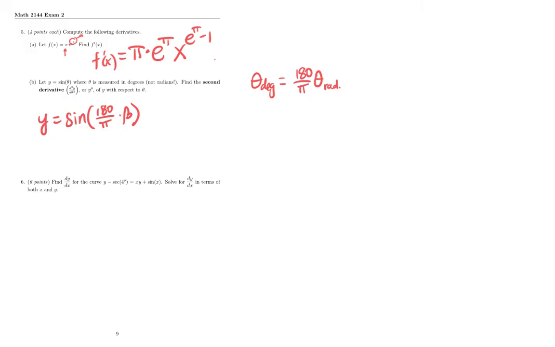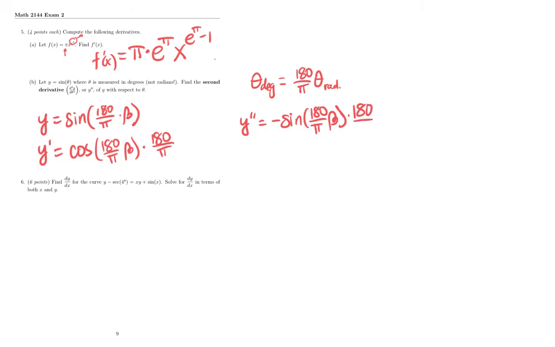And so I want to find the second derivative. So y prime is going to be cosine of 180 over pi beta times 180 over pi. And then y double prime will be negative sine of 180 over pi beta times 180 over pi times 180 over pi.